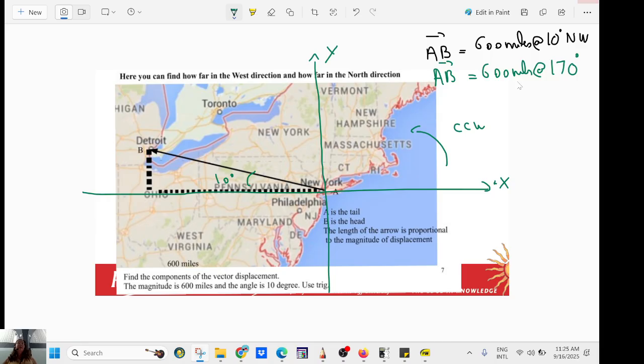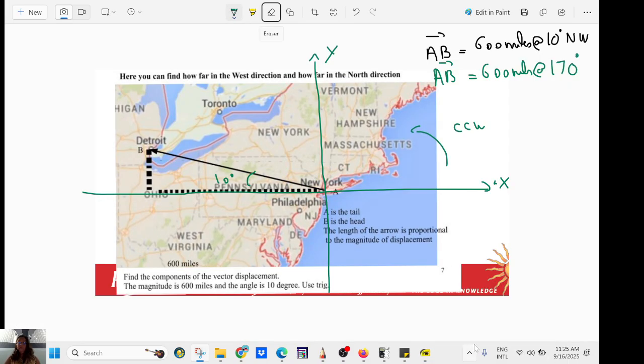If you use that standard notation, meaning the angle that it makes from the positive x-axis, then the x component will always be the cosine and the y component will always be the sine. Or you can use trig. But if you use that notation, then the x component will always be cosine, the y component will always be the sine. You with me? Only if you go counterclockwise.